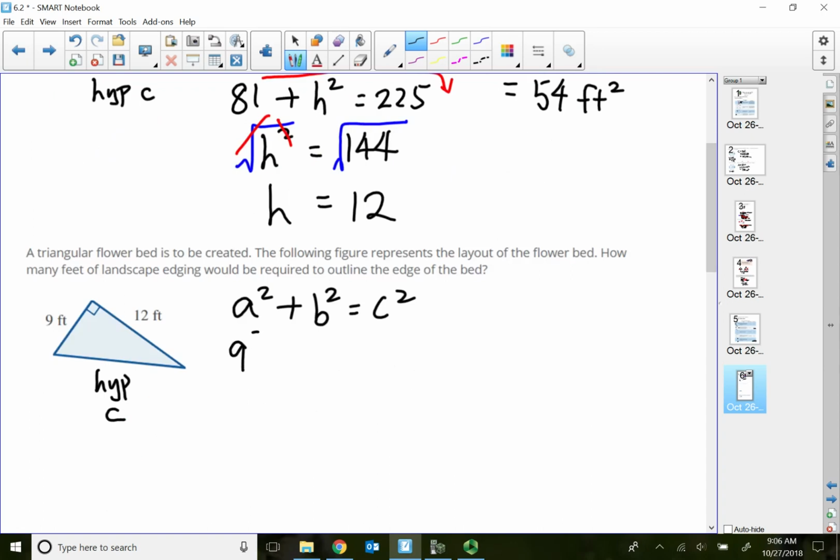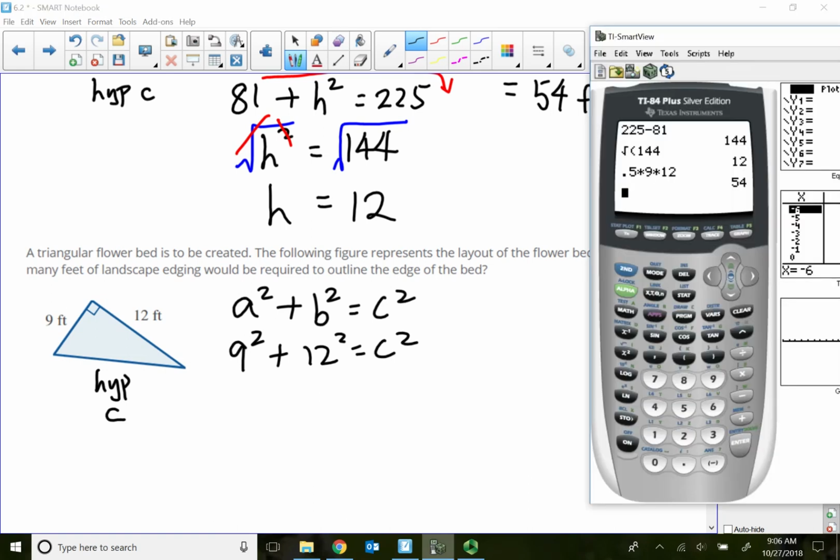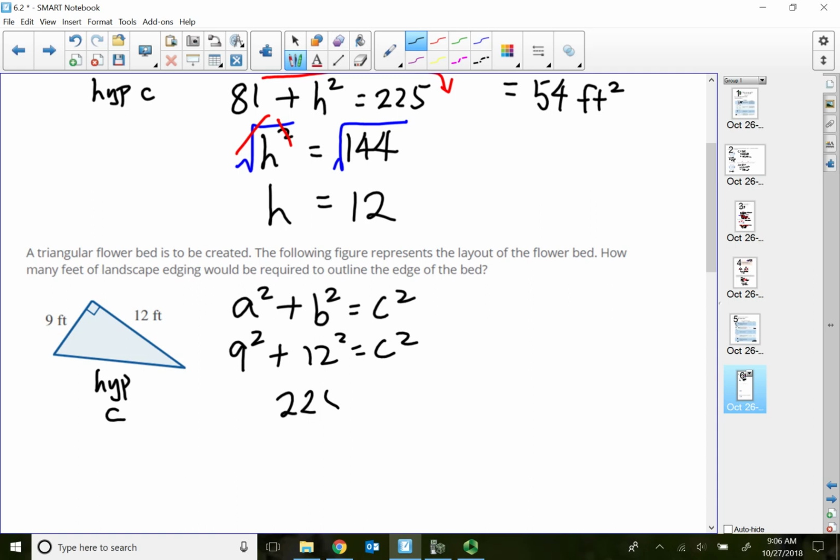If not, I can say 9 squared plus the other leg 12 squared equals c squared. So that will be 81 plus 12 squared is 144. That's 225 equal to c squared. So to get c by itself, we take the square root on both sides. So my answer, this missing side, is 15.